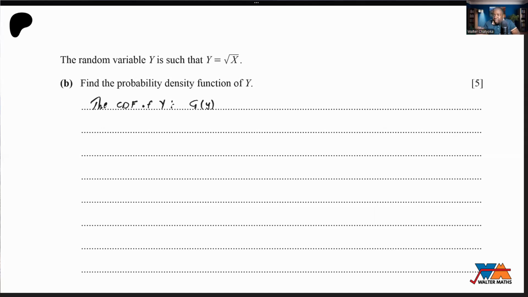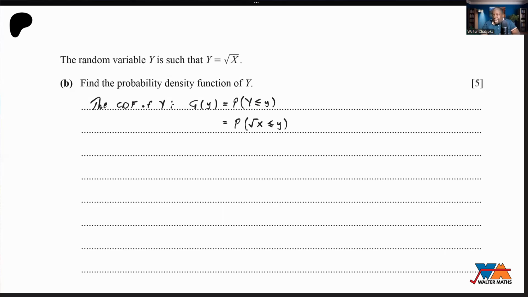I'll use capital Y here. G of y is equal to the probability that Y is less than or equal to small y. But we know that Y is root x, so it's the same as the probability that root x is less than or equal to small y.